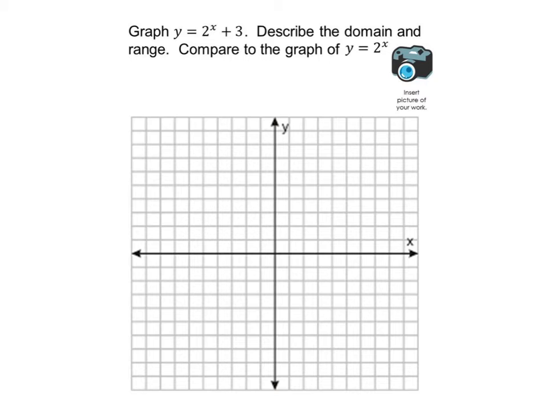All right, so now we're going to graph this one. We already graphed this one, so I'm just going to put that back exactly how it was on our previous slide.